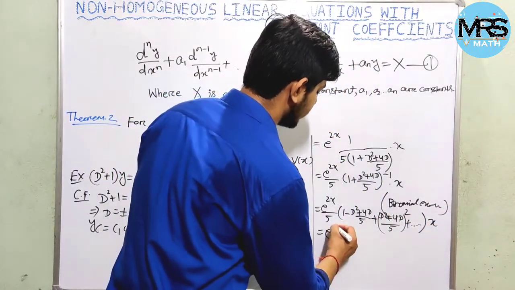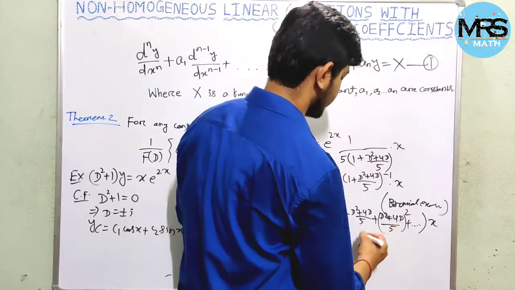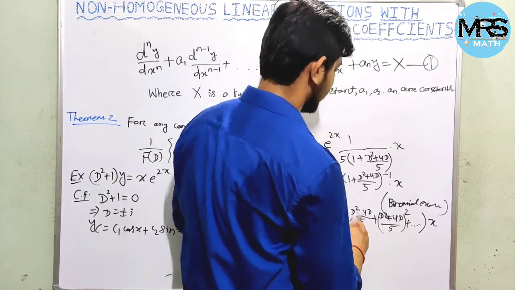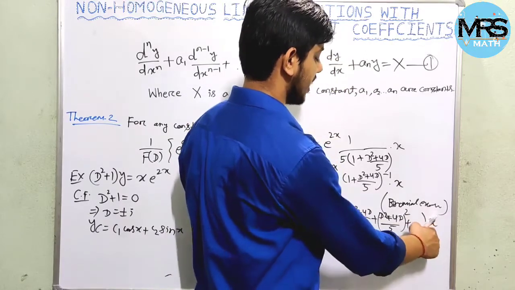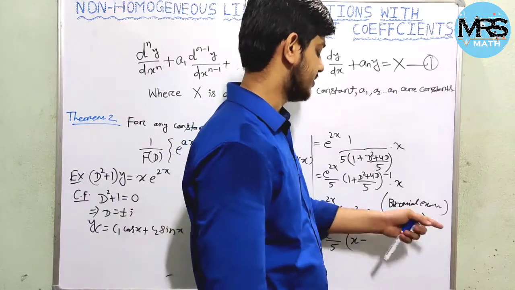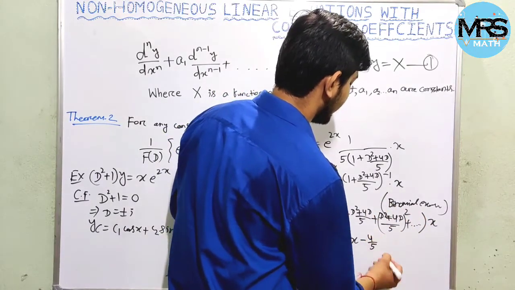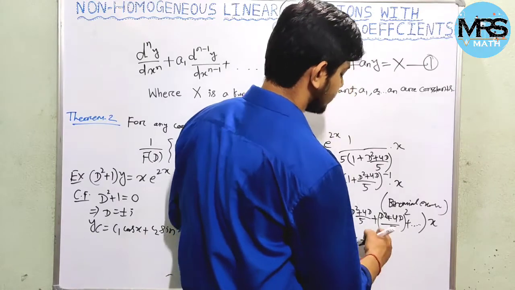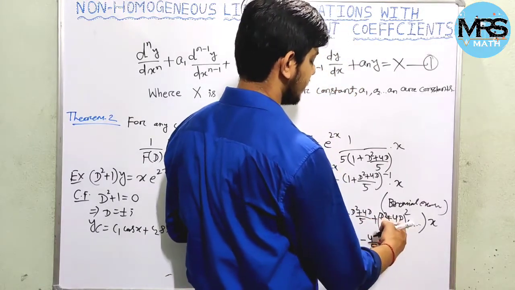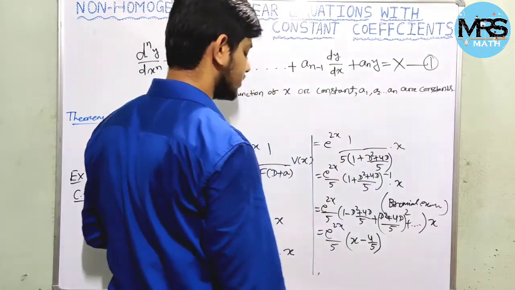Then we get e to the power 2x over 5. Here 1 into x will be x, minus D square, that means second derivative of x, will be 0, plus 4 into the first derivative of x, which is 1, that is 4 by 5. The other terms will be 0 because of the square, so all other terms become 0.